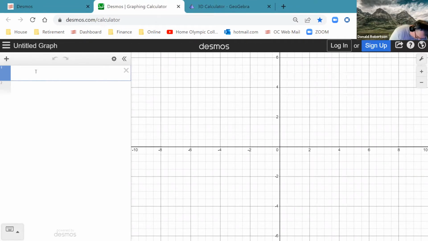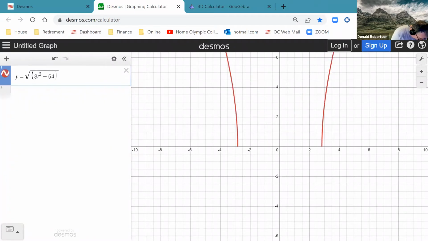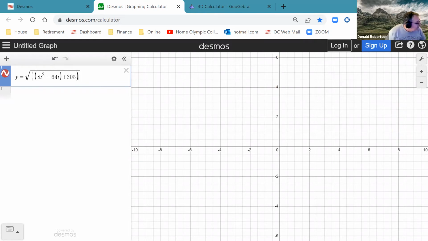It's y equals square root of 8t squared, take away 64t plus 305. And for some reason, I've picked up some brackets that I don't remember typing. There we go.